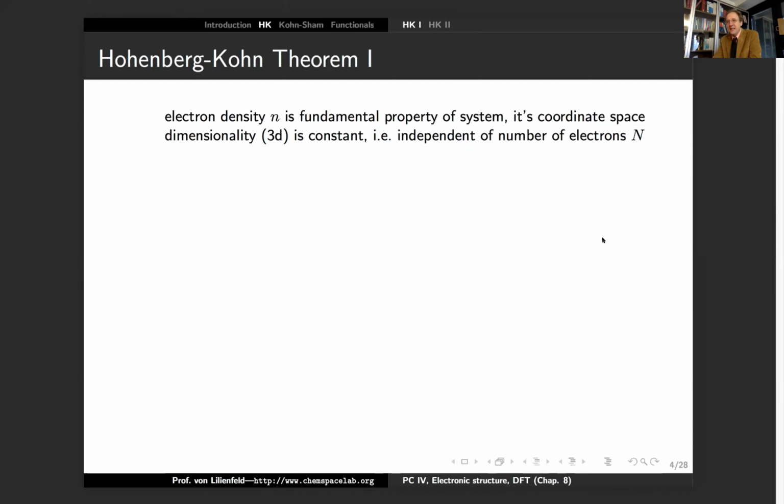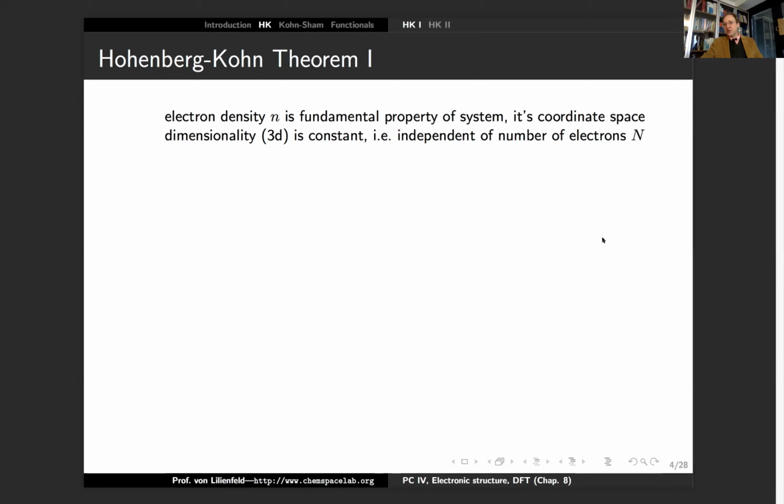The number of variables in your electron density does not depend on how many electrons you put in. It's always x, y, z. You can just increase the magnitude, but the dimensionality of this function does not change, right?